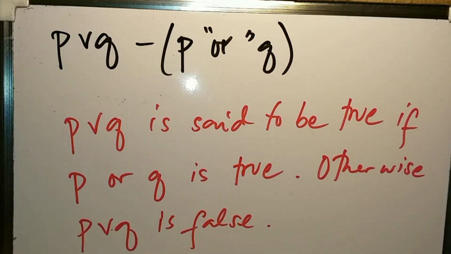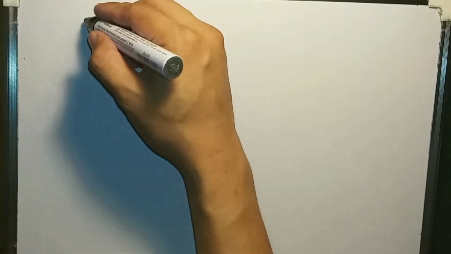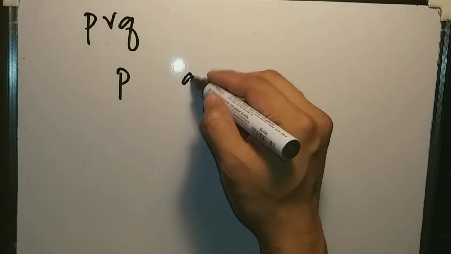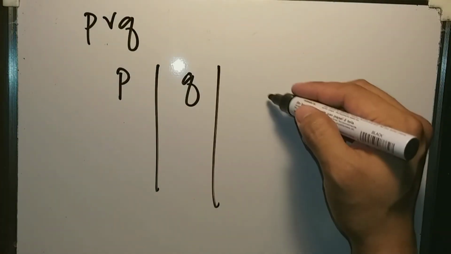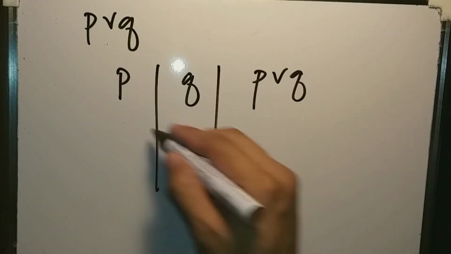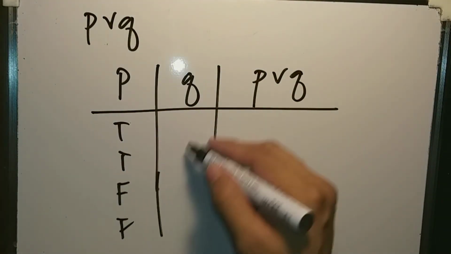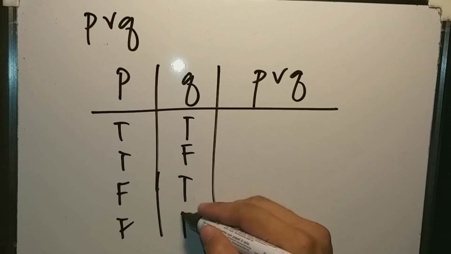Otherwise, we have a false statement. To do the truth table for P or Q, we have P, Q, P or Q. We have true, true, false, false, true, false, true, false.